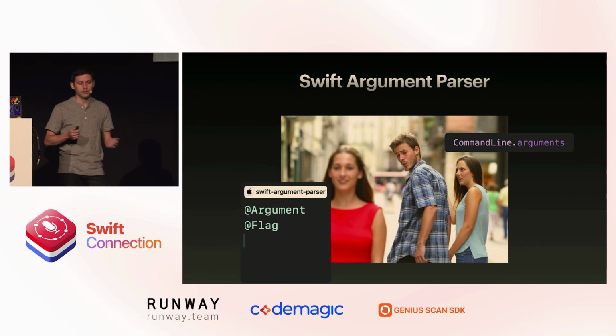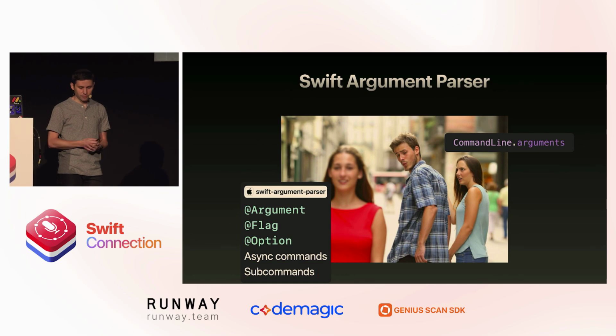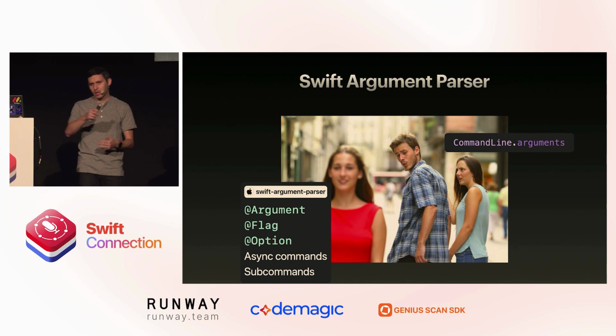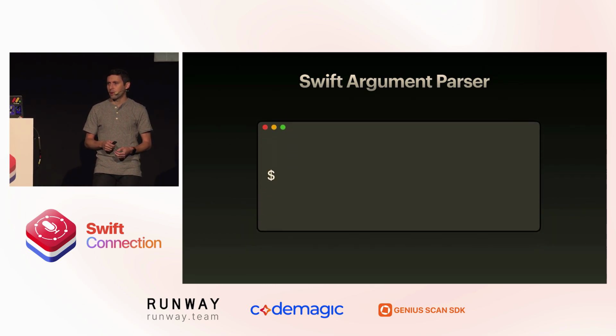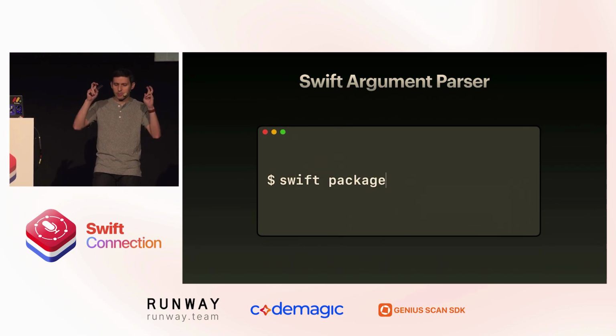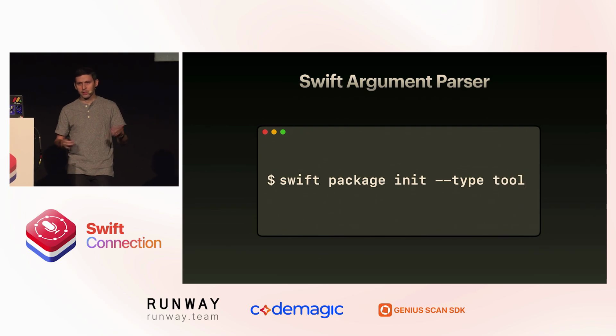It's maintained by Apple, and it supports property wrappers, modern concurrency, async-await, and subcommands. If you want to chain commands, it can do the heavy lifting for you, up to a point that it was blessed by Apple and SPM.